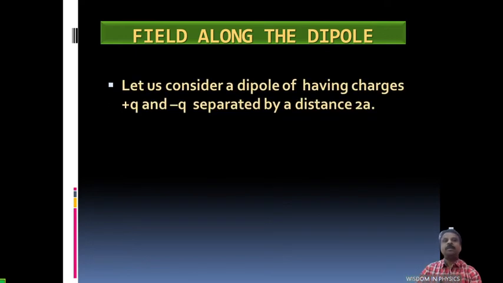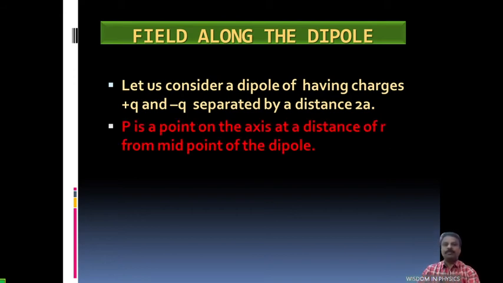Now we have come to the important concept. This question is very, very important. Field along the dipole: how to find the electric field due to the dipole. We are already familiar with the electric field due to a point charge. That we know. Here we extend the concept to the dipole. Let us consider a dipole having charges plus q and minus q separated by a distance 2a.